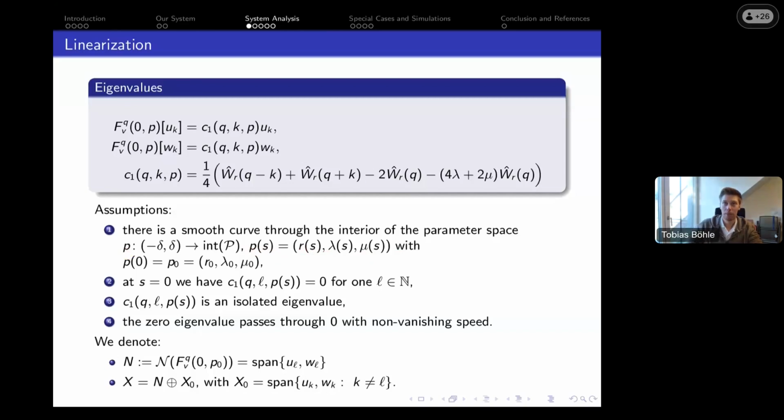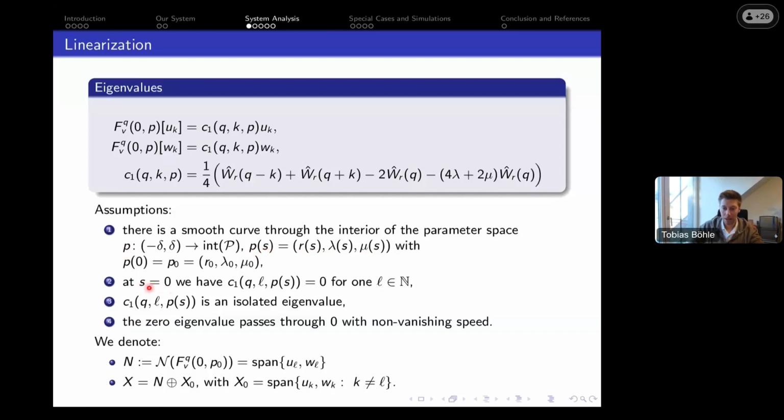That makes the problem easier, because now we don't want to study the bifurcation in all 3 parameters simultaneously, but we only have 1 parameter. This parameter is now called s.